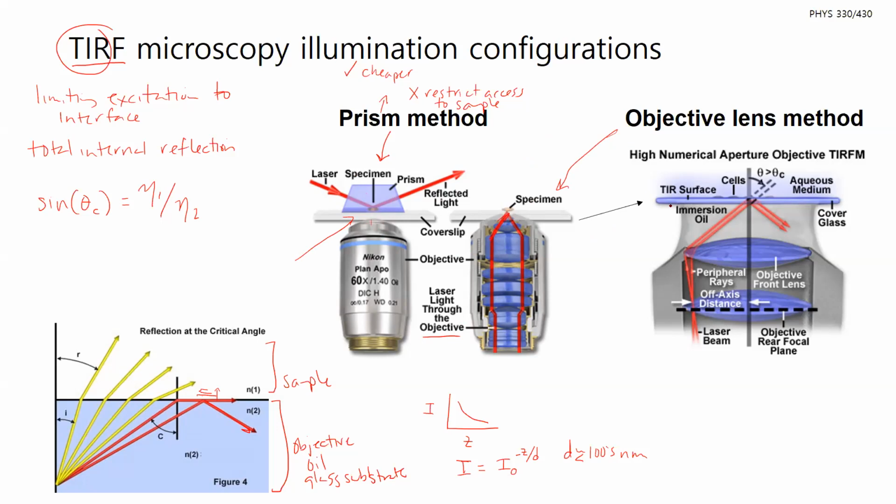So this is shown in more detail here, where if you have this at the edge of the objective, you can focus light at greater than that critical angle shown here. So this is a more common method. I'd say this is easier, and it still allows access to the sample surface.